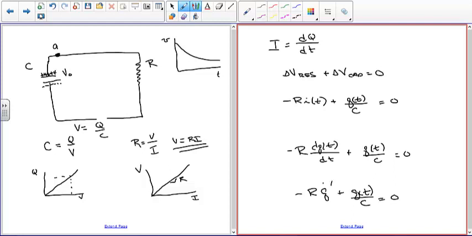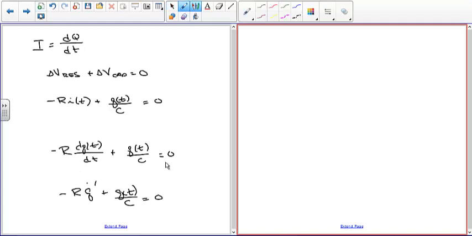It's not in standard form yet, so we're going to now convert that to standard form. So we'll divide everything by negative R, so we'll get Q prime, sorry, dot's used as a derivative, minus Q divided by R times C equals 0.